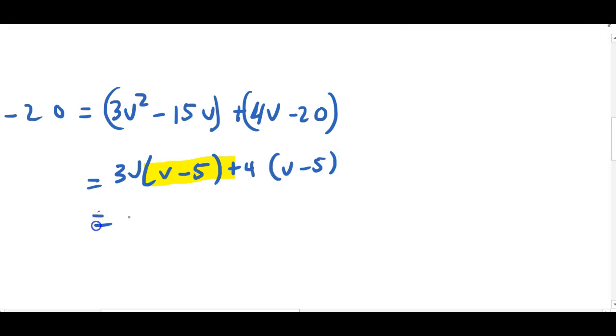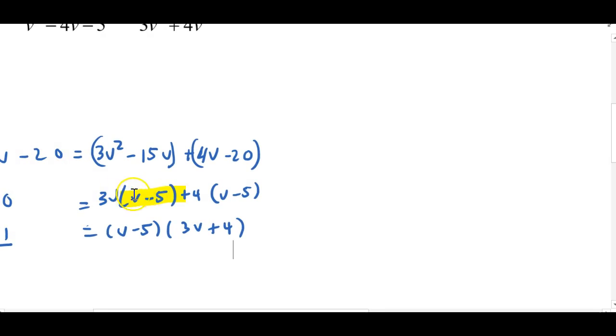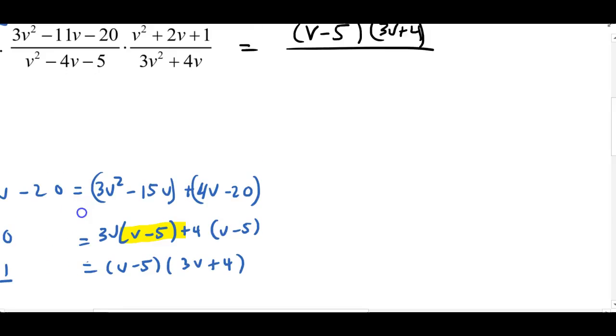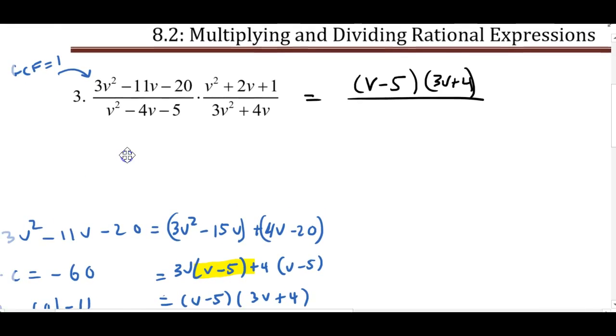You see now when we factor out that v minus 5, we have 3v plus 4 back here. So once you get to this part, you actually know the factorization. All right, let's move on. So we got that one now.